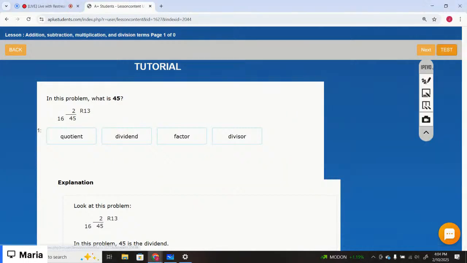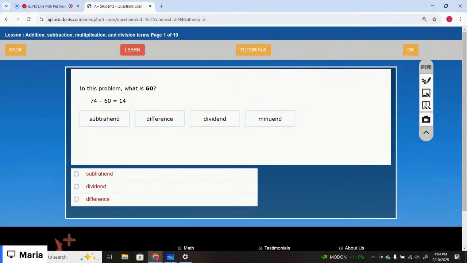Let's just start with the test questions. In this problem, what is 60? 76 minus 60 equals 14.